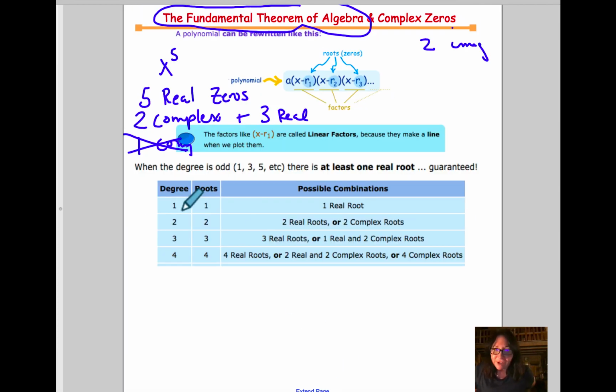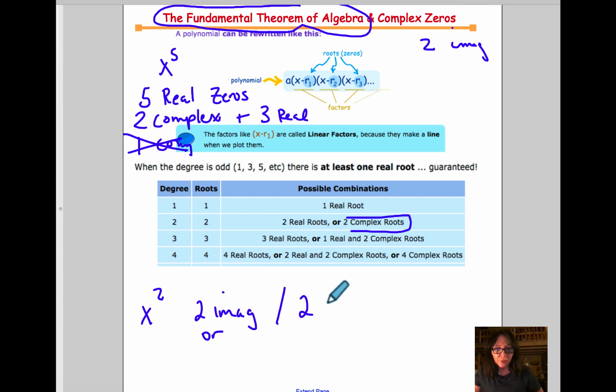So if we have a degree of 1, your only option is 1 root. But if I have an x squared term, I could have 2 imaginary roots, or I could have 2 real roots. Just like in that last example where we used the quadratic formula to solve.